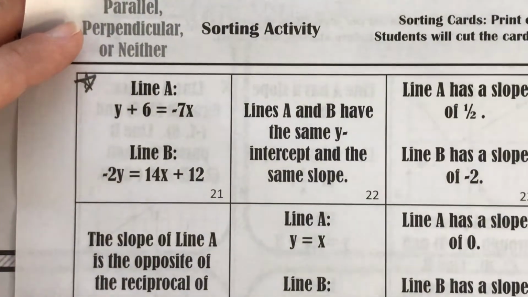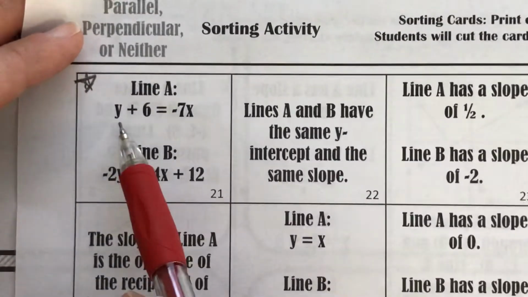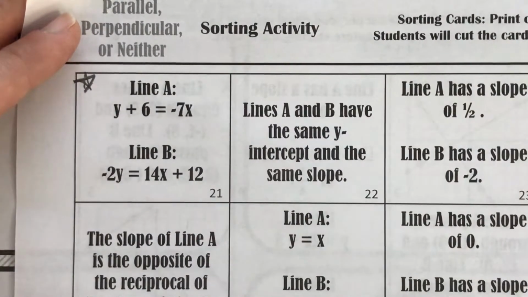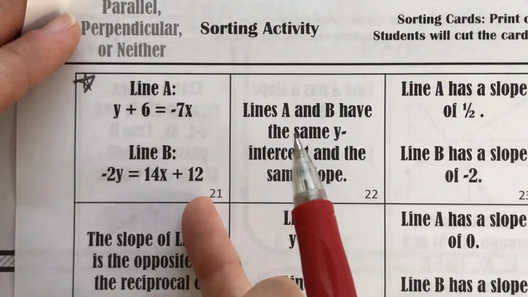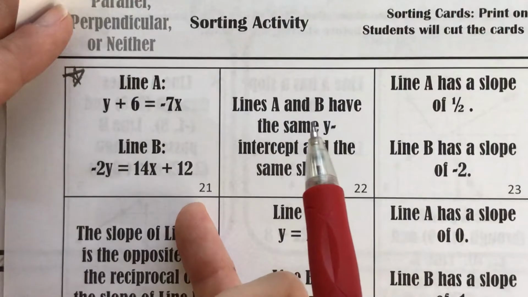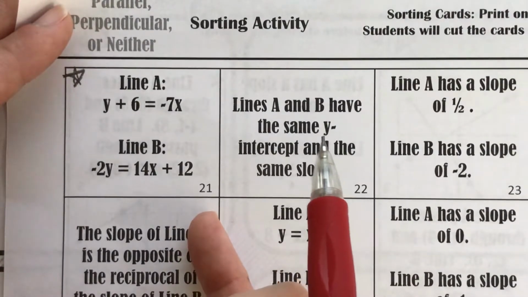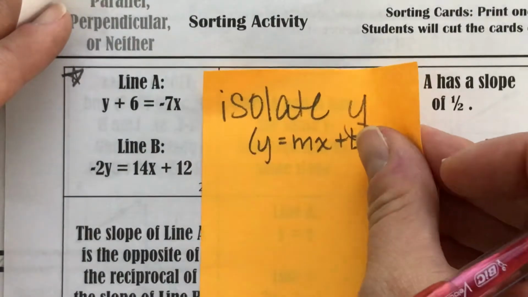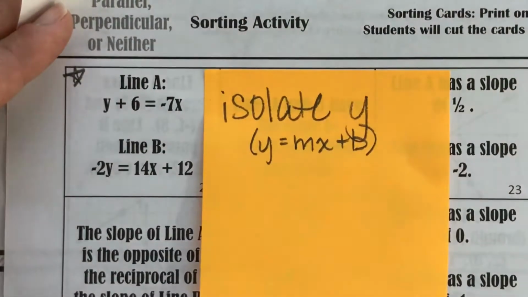Like in this top one right here, they may give you linear equations that may or may not be in slope-intercept form. This version, you cannot tell anything about the slope from. And remember, the only way you can tell whether two lines are truly parallel or perpendicular is based off the slope. So in some situations, you may need to isolate the y.